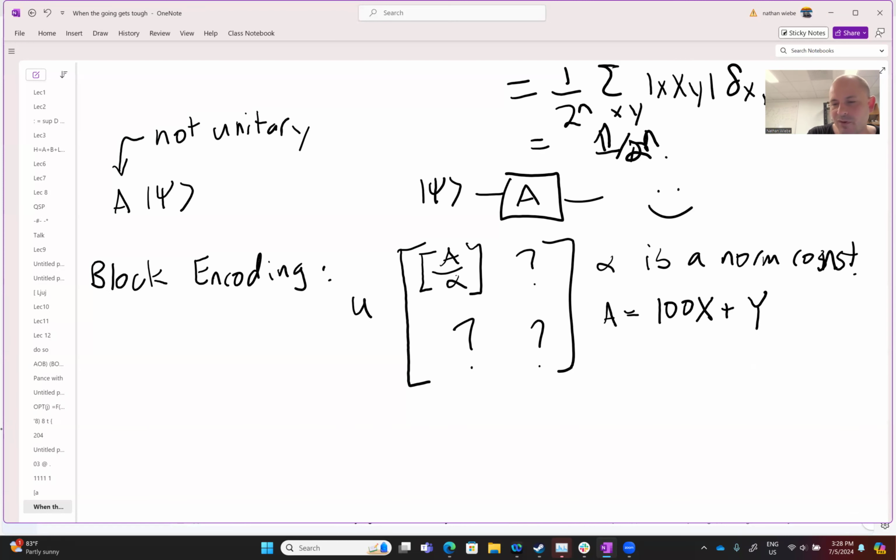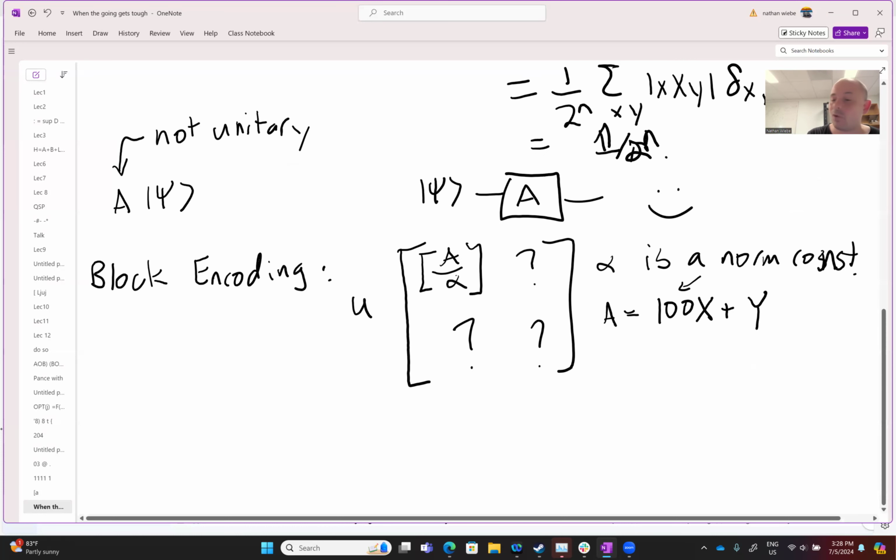So if this is the matrix that I'd like to implement, you can see immediately, wait a second, this guy is not unitary. In fact, its norm is way bigger than what we'd want. Norm A in this case is going to be approximately equal to 100. I probably should have rigged this, so I picked something I actually knew the norm of before I started.